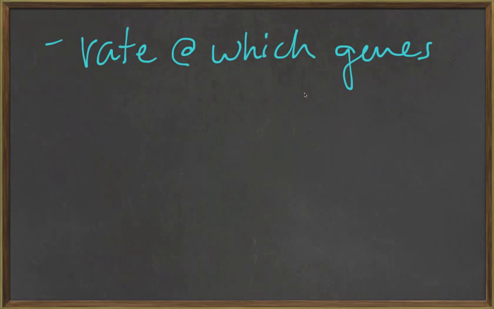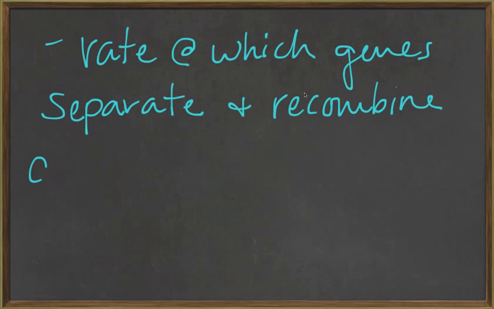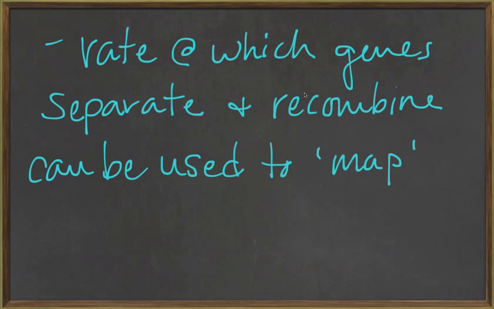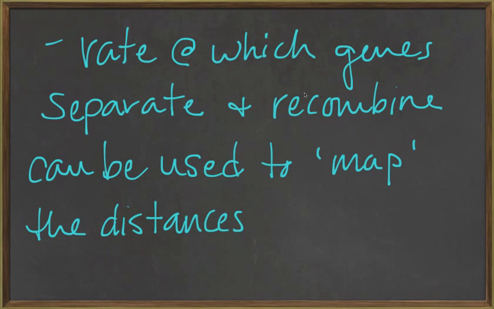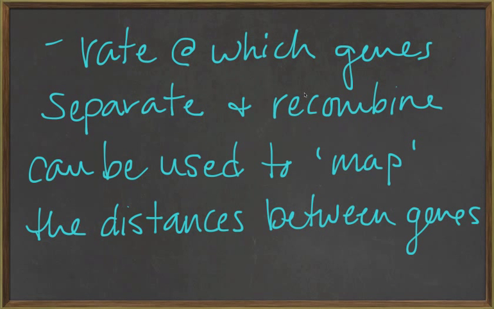Now, to continue with that, the rate at which genes separate and recombine can be used to map the distances between genes. And that's how they create the maps that they do.